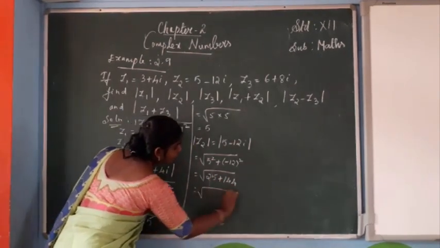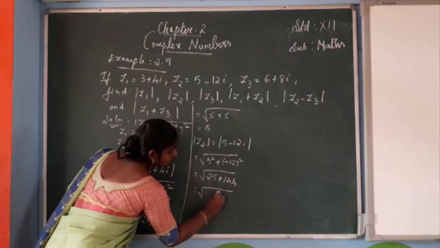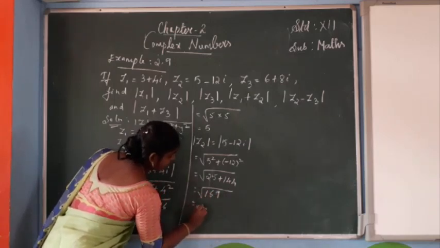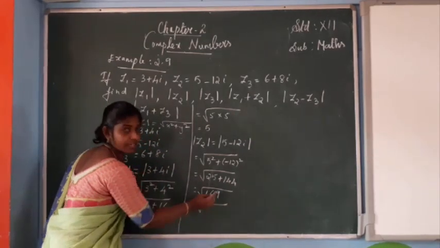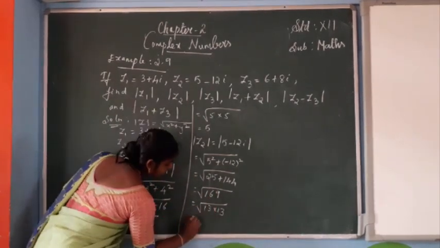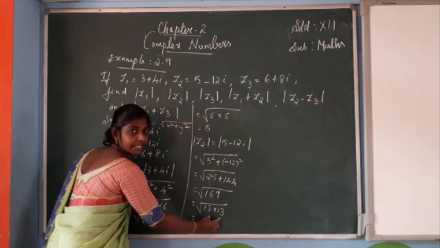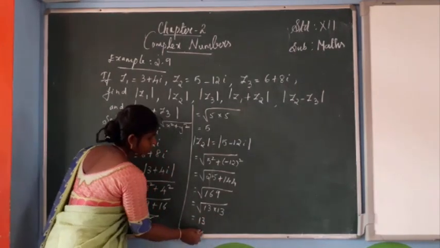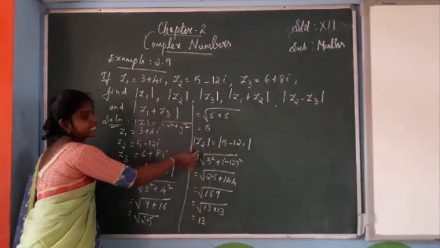That's equal to root of 169, root of 13 into 13, we can take 13 outside. So this is the value for modulus z2.